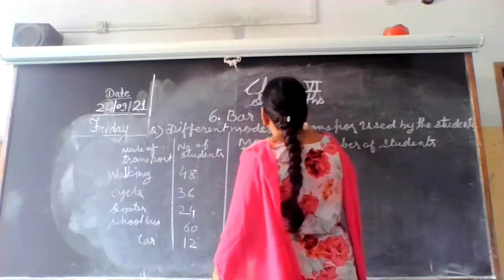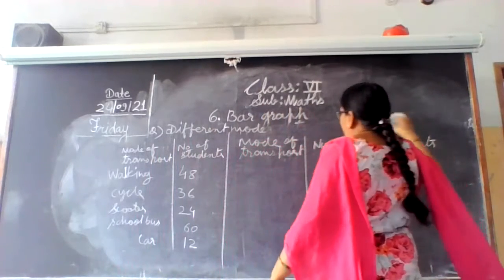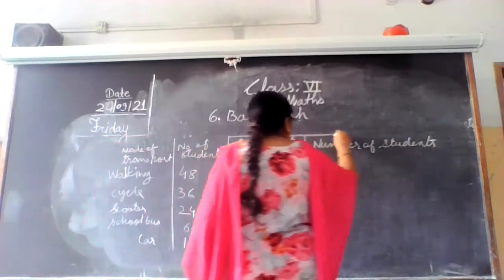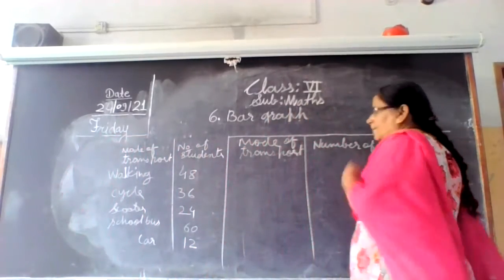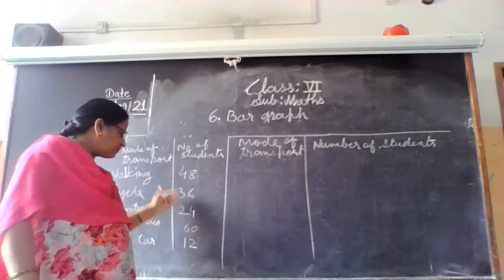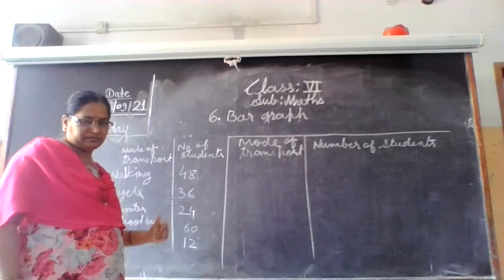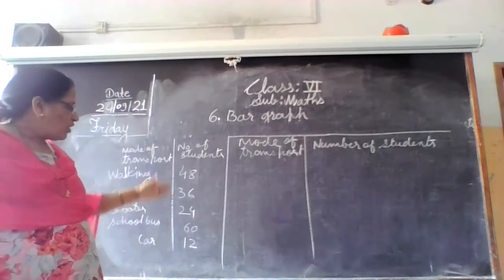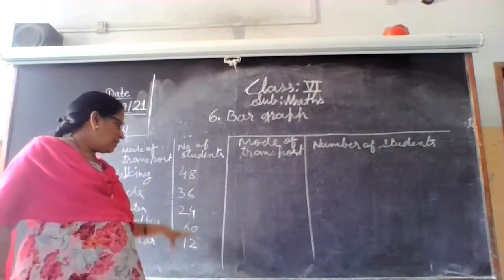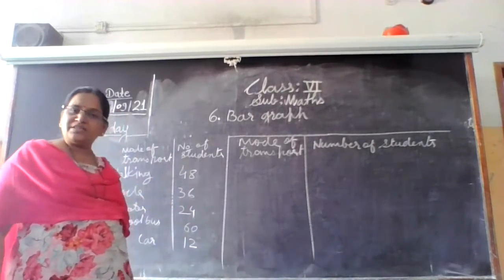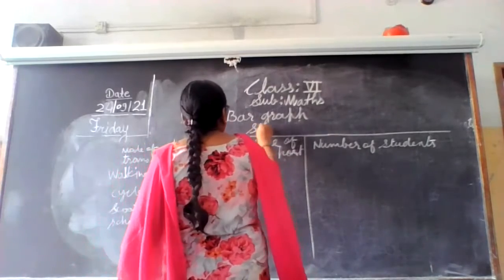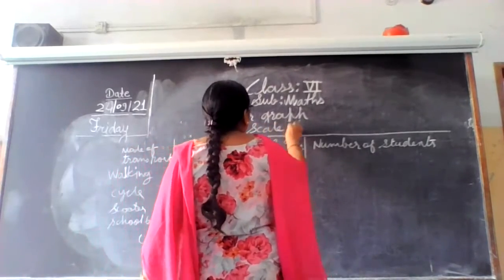Okay. Now see, as I told you, first you have to write the scale. Now observe the numbers 48, 36, 24, 60 and 12. What is the HCF of these numbers? Means the common divisor of these numbers is 12. So here I am writing the scale. It is very important to write the scale.